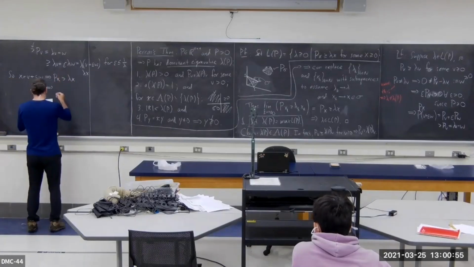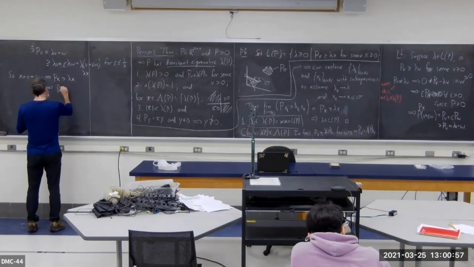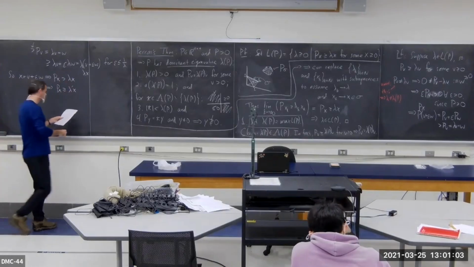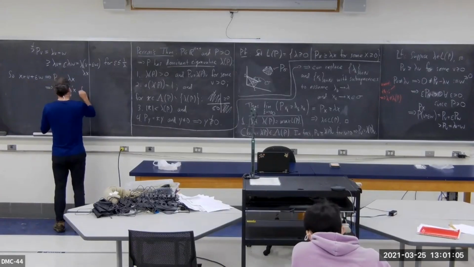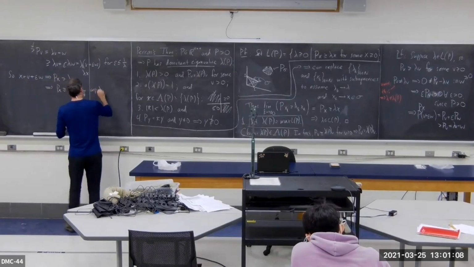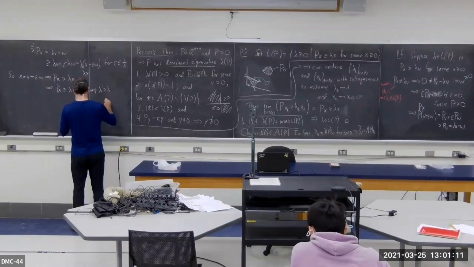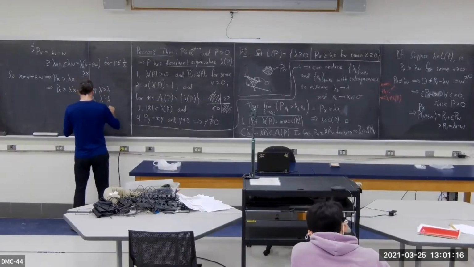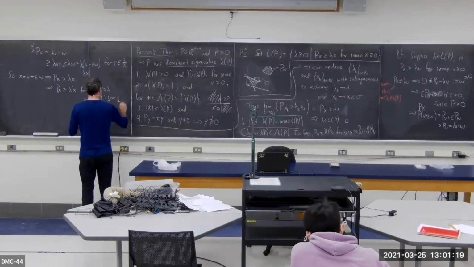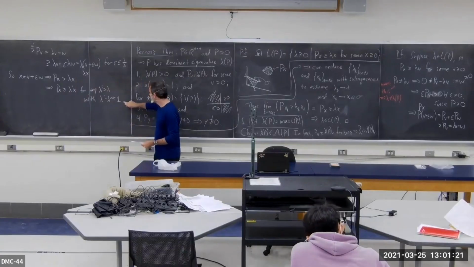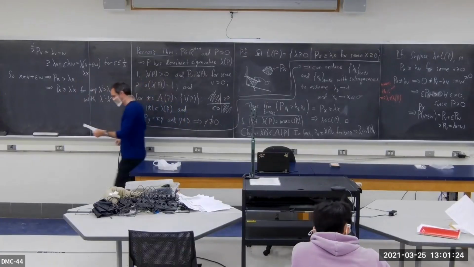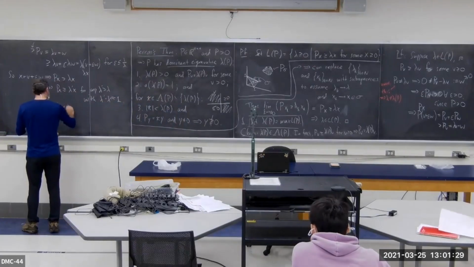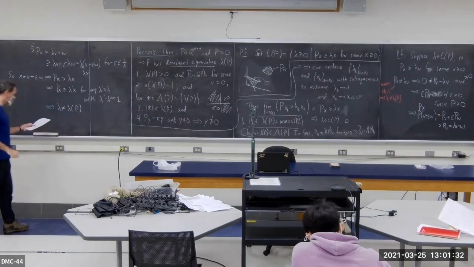Okay, so this says that Px is greater than or equal to lambda prime x for any lambda prime that's bigger than lambda, as long as lambda prime minus lambda is sufficiently small. So I can just bump up lambda just a little bit. And this implies that lambda is not equal to the maximum inside of L of P.